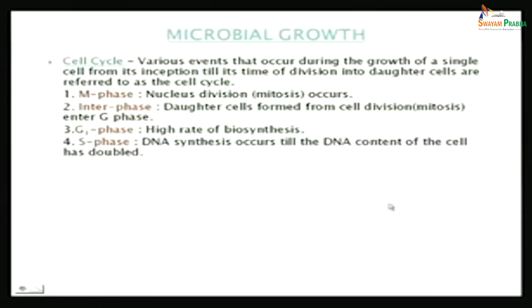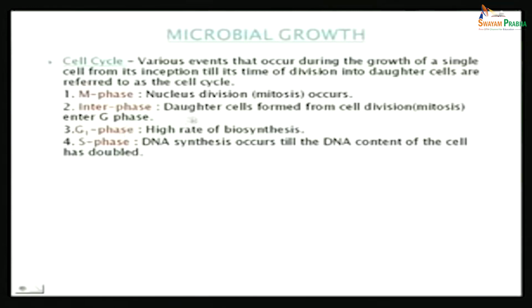The next phase is known as S phase, because what happens in this phase is DNA synthesis occurs. The first G1 phase is all part of the growth phase again, but it is essentially biosynthesis of different elements, and these different elements come into the cell.